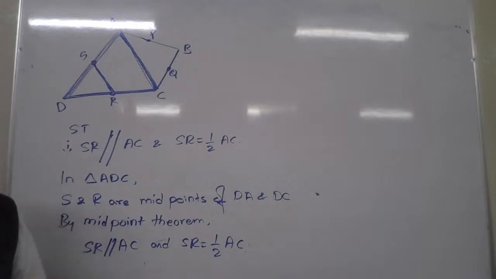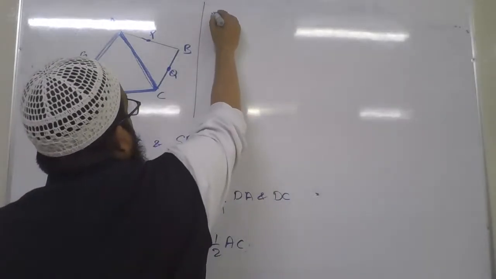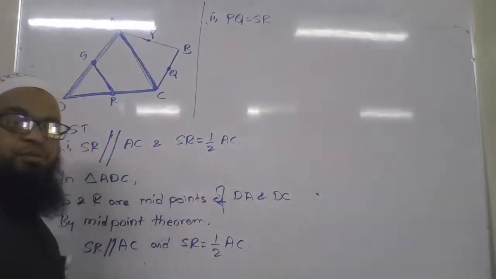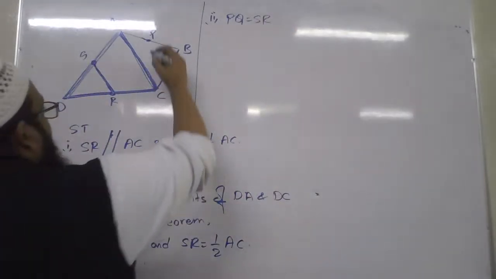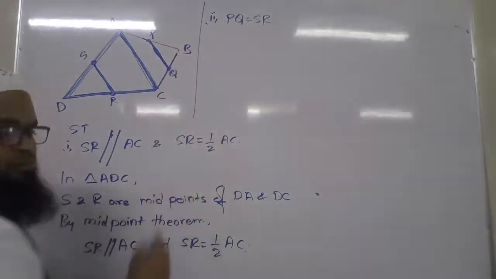Now, what is the next one? The second one, what we have to prove is PQ is equal to SR. My dear students, where is PQ? Join PQ. What are P and Q?